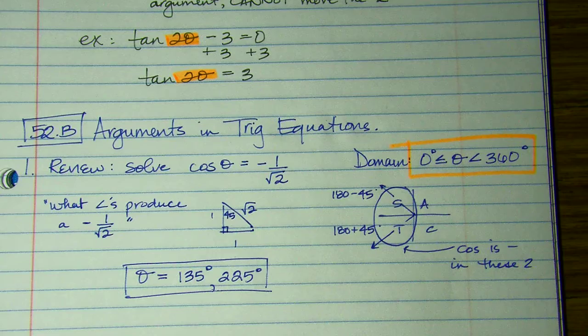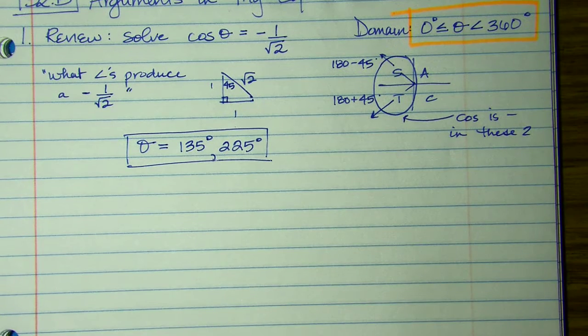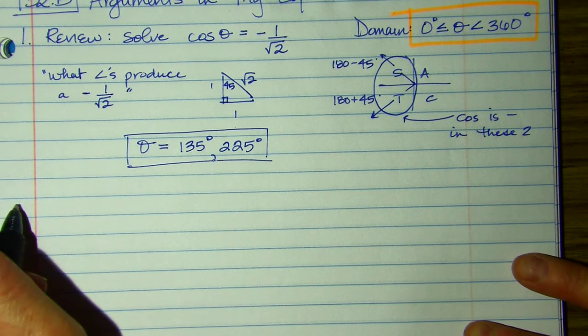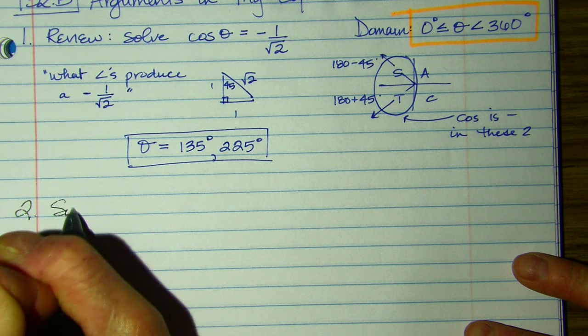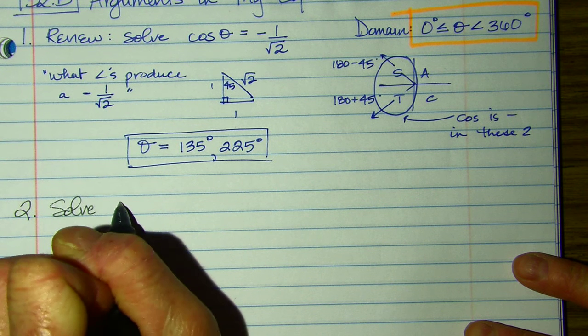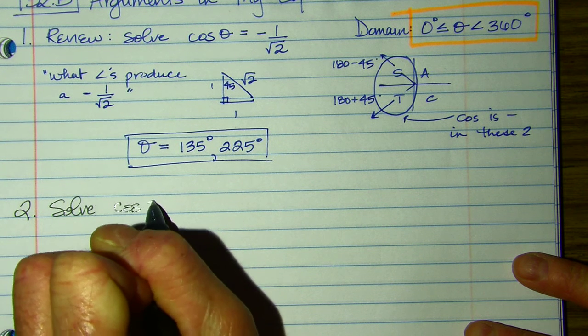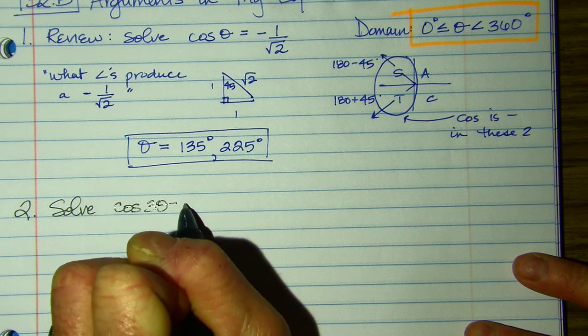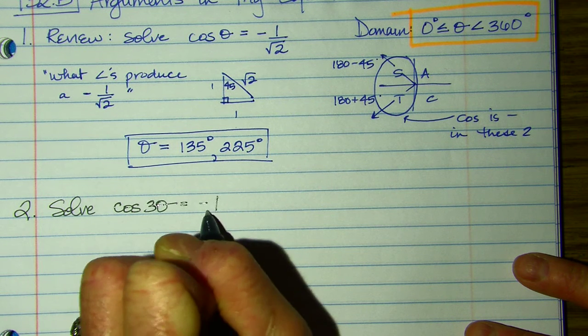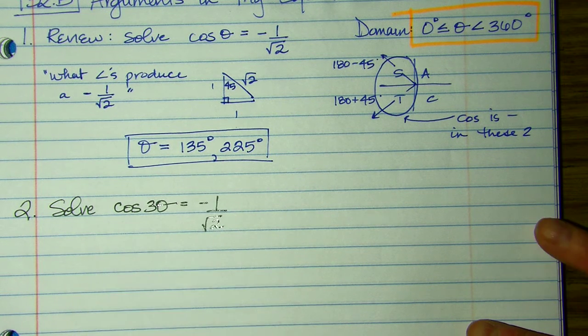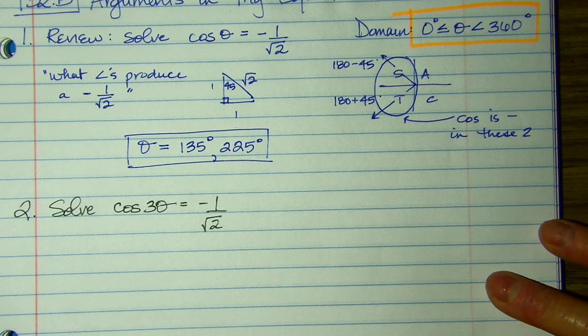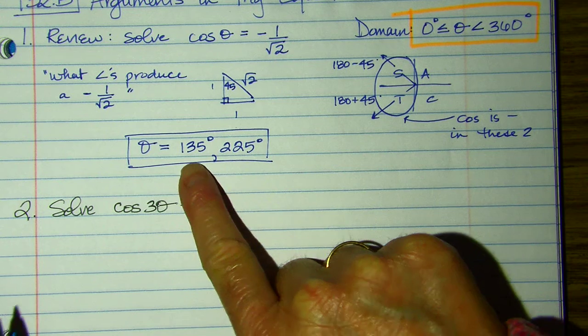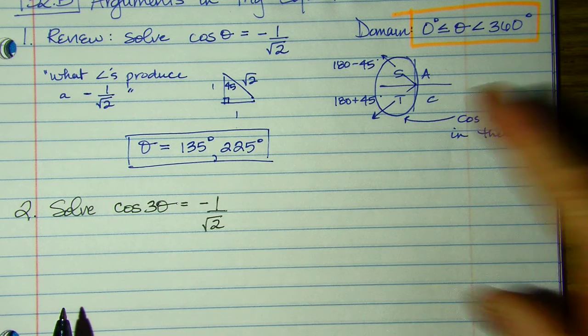Okay, so let's start with today's problem: solve the cosine of 3 theta equals negative 1 over root 2. From example number 1, I know that the two angles are 135 and 225.